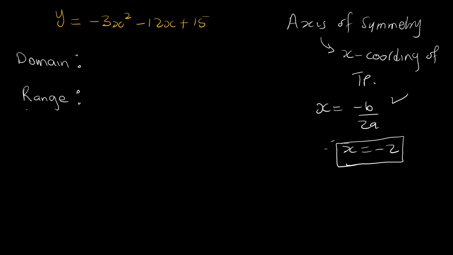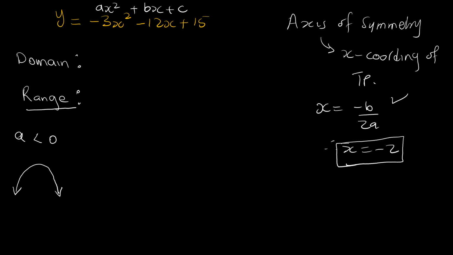Let me explain the range first. For the range, we check the value of a. Remember, this is in the form ax squared plus bx plus c. So the value of a is negative, it's less than 0, and your graph will be concave down.